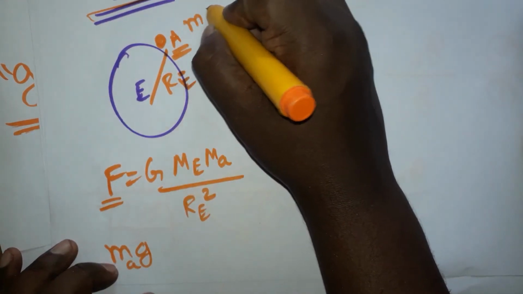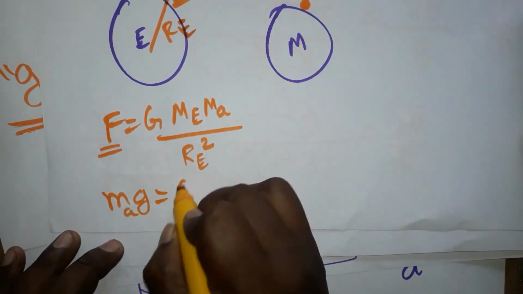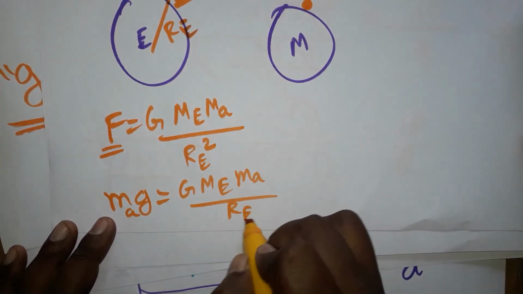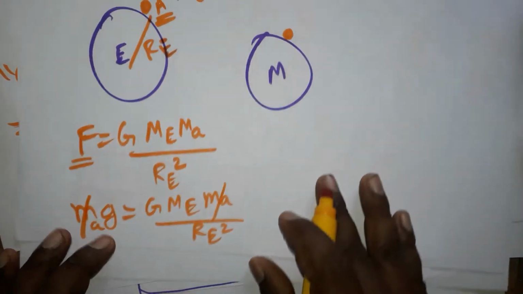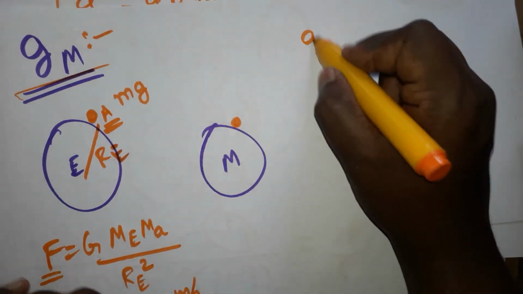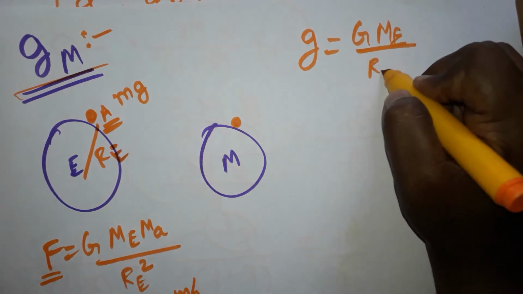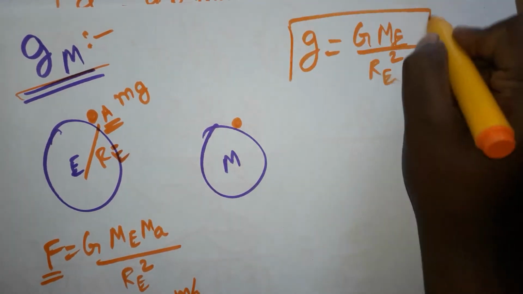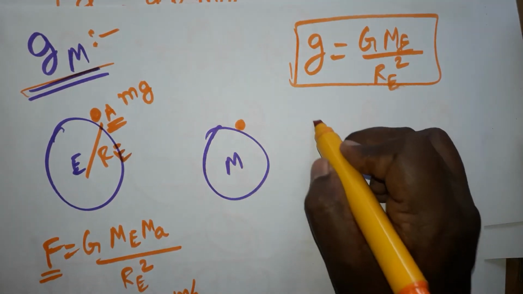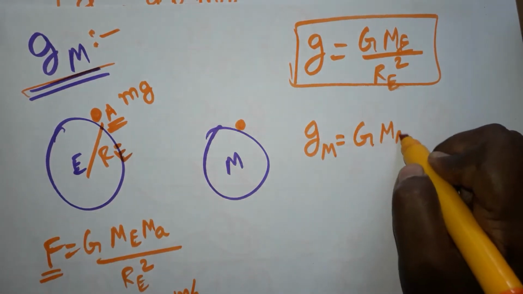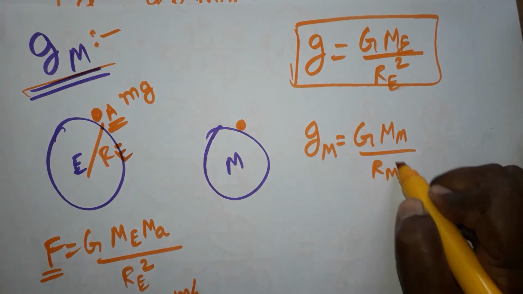So m_a g is equal to G M_e m_a divided by R_e square. m_a gets cancelled. So g on the earth surface is equal to G M_e divided by R_e square. Now the same equation on the moon surface: gravity on the moon surface is equal to G times mass of the moon divided by radius of the moon square.